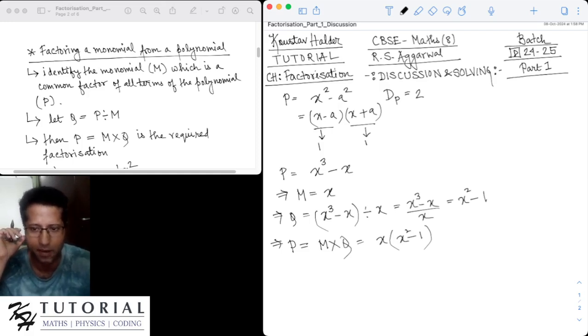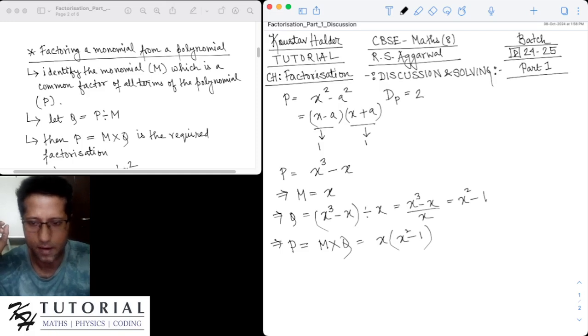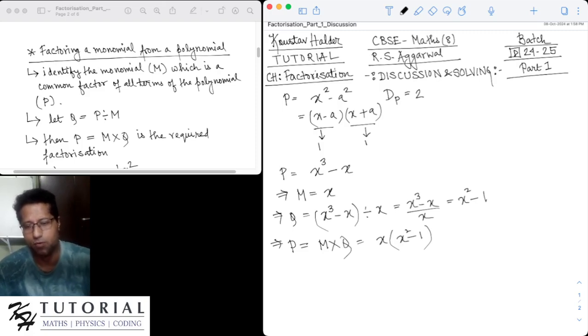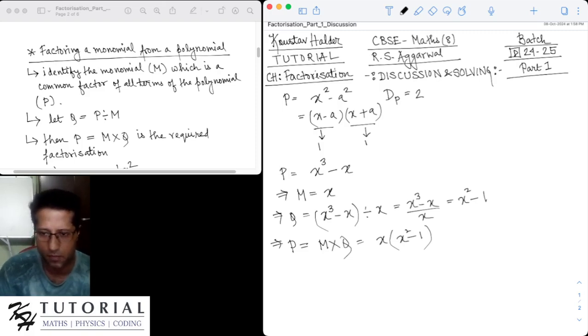So this was a very basic example. I'm not taking very complex examples, I'm just trying to explain the concept. This is what factoring a monomial from a polynomial is about: you identify a common factor from all the terms in the polynomial, and then you express the polynomial as the product of that common factor multiplied by the polynomial obtained by dividing the original polynomial by the common factor, that is q.